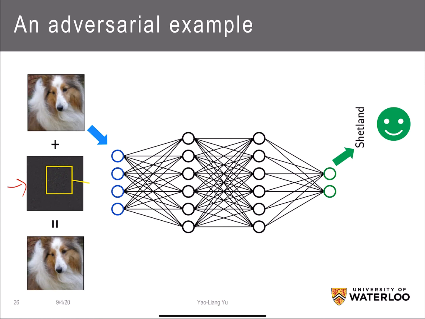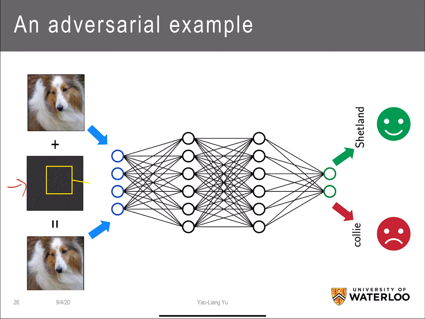And the interesting thing is, if you give this image to this very accurate neural network model, it will actually predict it's a collie, which is a different breed of dog. So in other words, we have managed to fool the machine learning model.